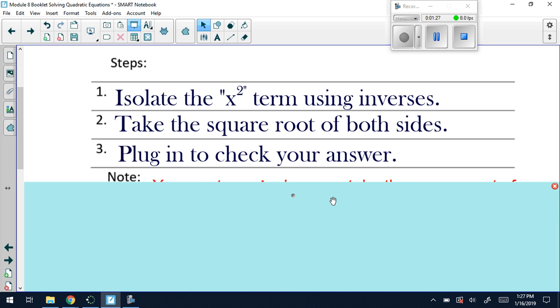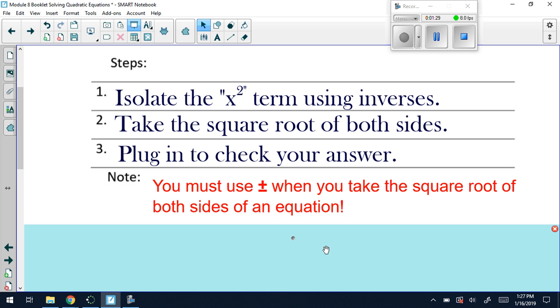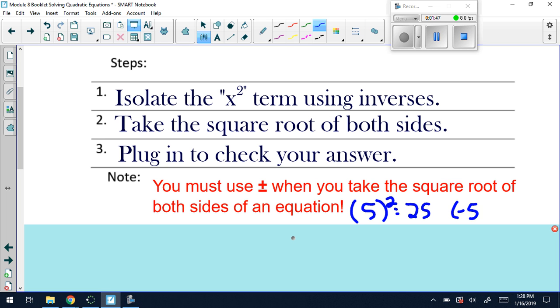Now, this is a very important note: you must use plus or minus when you take the square root of both sides of an equation. We're going to talk about that when we start solving, but the reason this is true is, if I square 5, I get 25. If I square negative 5, I also get 25.